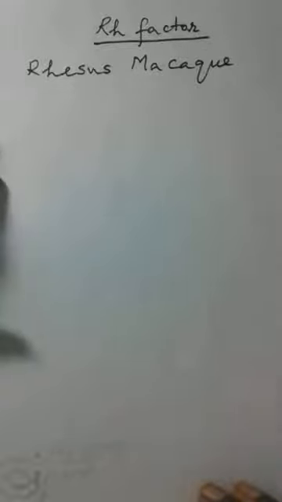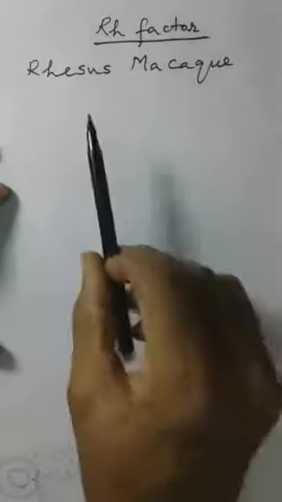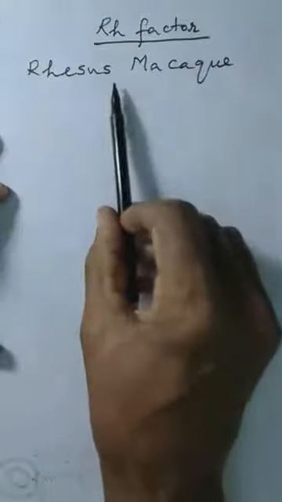So old monkey species belong to old world monkeys, and after that it is new world monkeys. So these are the two main species classifications. Don't worry about that classification at all. Just remember Rhesus macaque monkey.